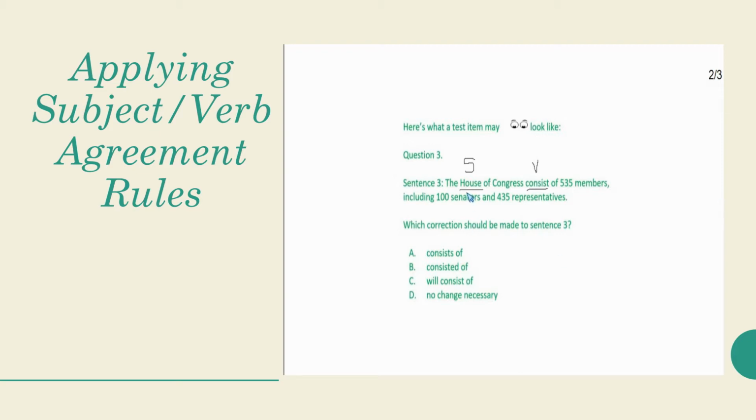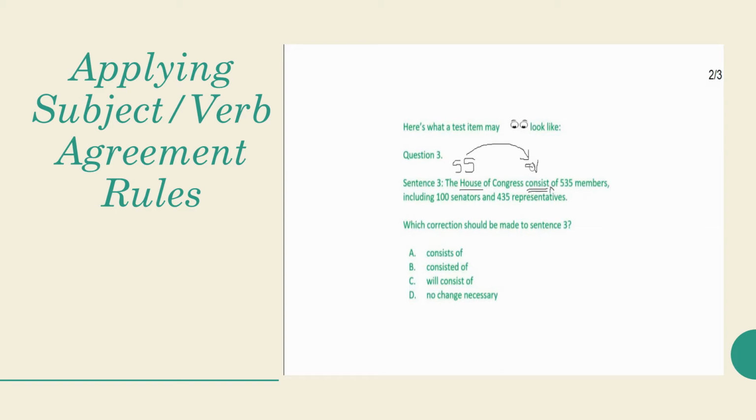And so again, we have one subject, which is house. So we need to make sure that our verb agrees with our singular subject, and I'm going to write another S for singular subject. And our verb must also be singular because we have a singular subject. But we know that this verb is not singular, it is plural, because there is no S at the end of consist.